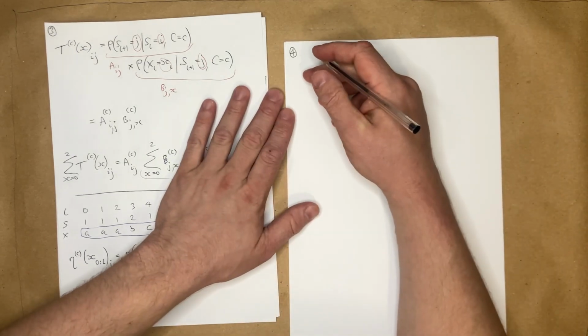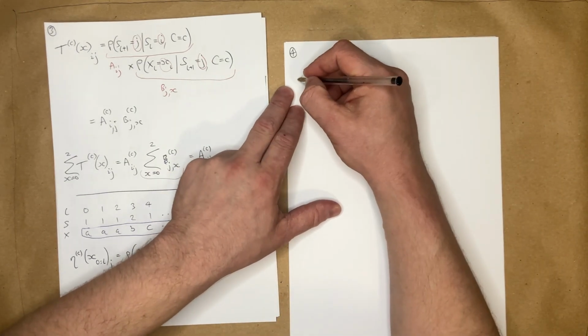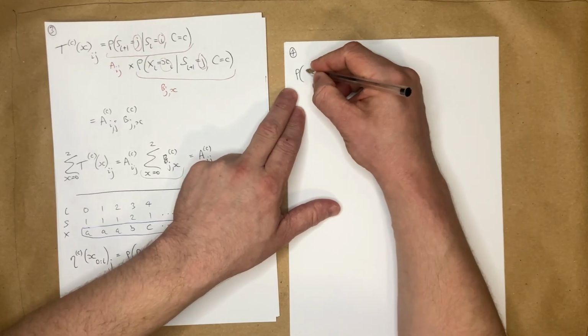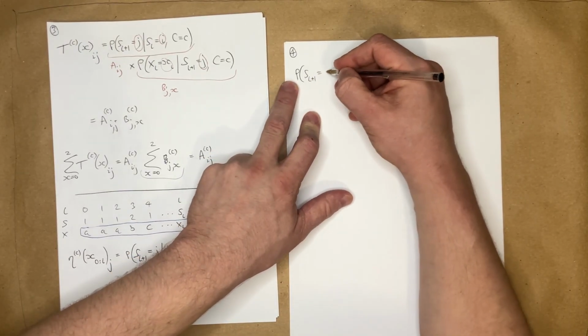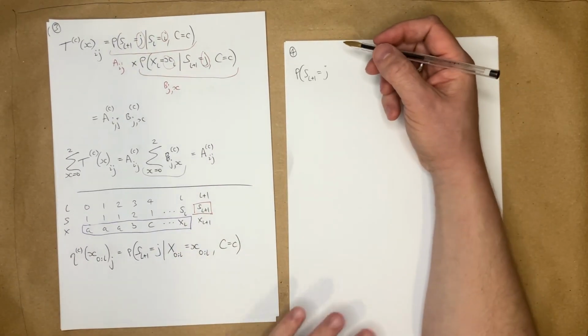So I'm going to start with the textbook definition of Bayes' theorem. I'm going to start with the probability of the state L plus 1 being equal to j, just like I've got here.